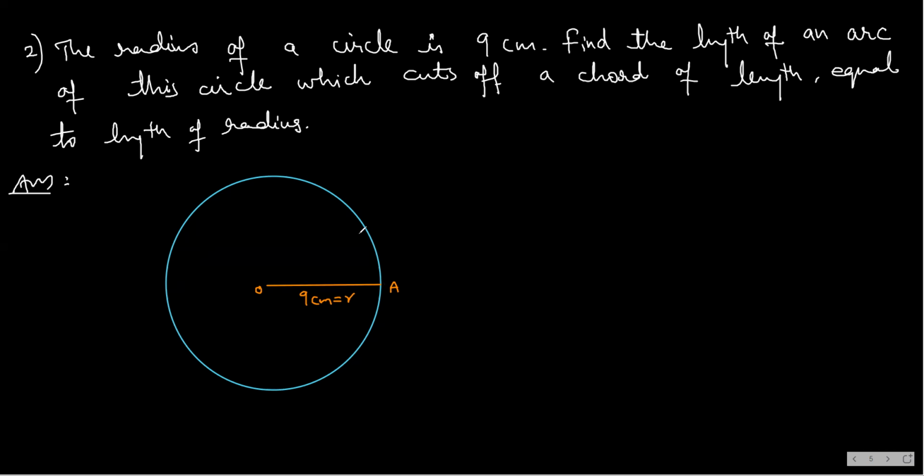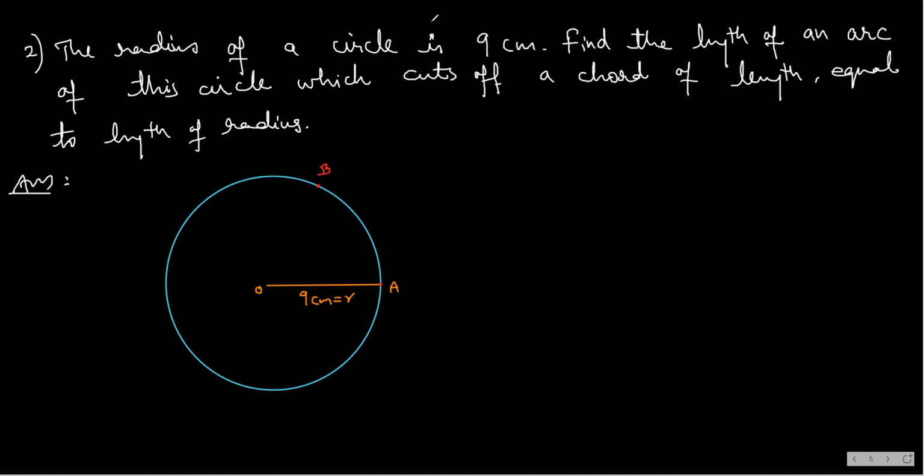So here, see, the arc is such that I take one extreme of the arc as A, and the other extreme of the arc I take as B, and I take it here. So one extreme is this, and the other extreme I take here. Okay.